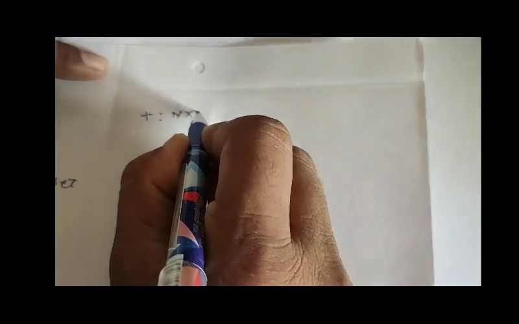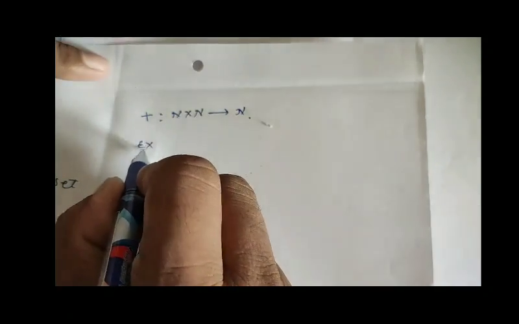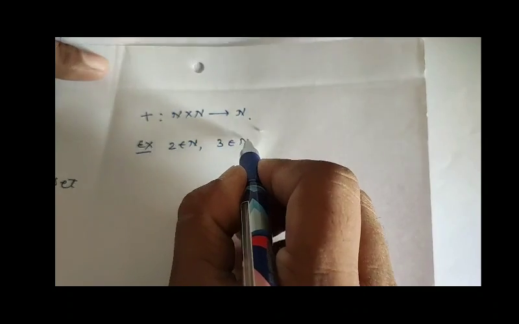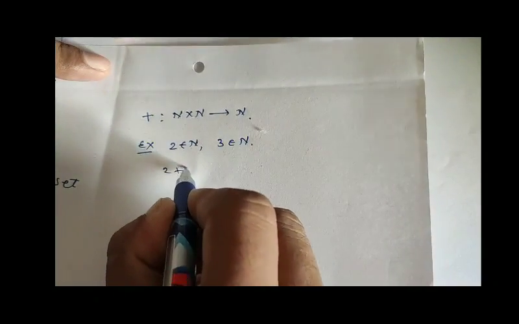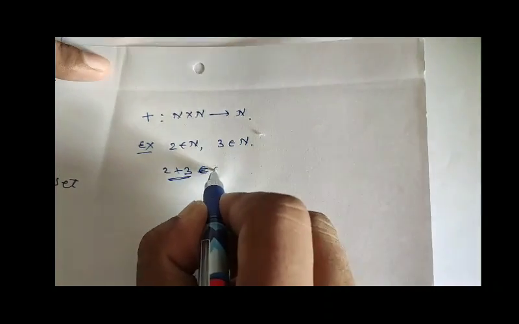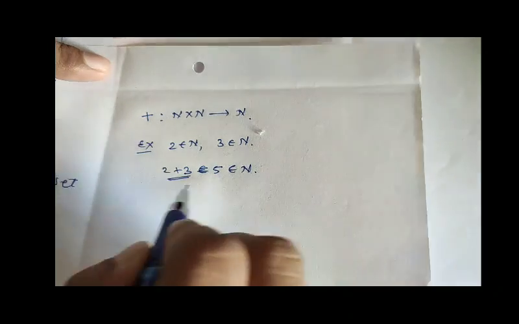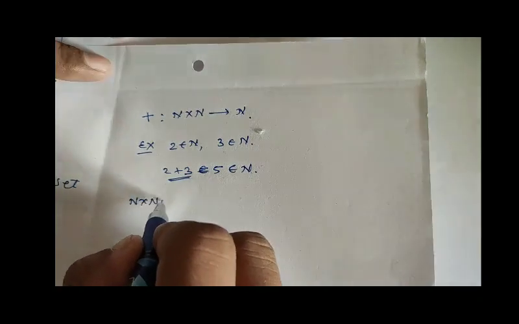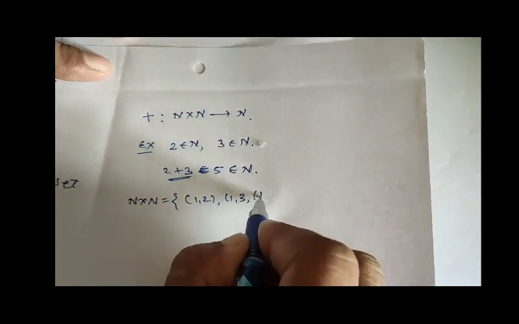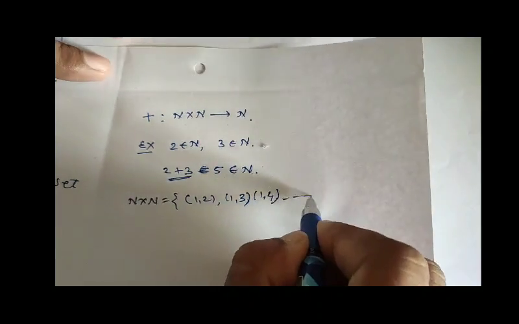So natural number to natural number. For example, I choose 2 belongs to N, and I choose 3 belongs to N. So 2 plus 3 is equal to 5, which again belongs to the natural numbers N. So in the set N cross N, there are so many pairs: 1, 2, 1, 3, 1, 4 and so on.